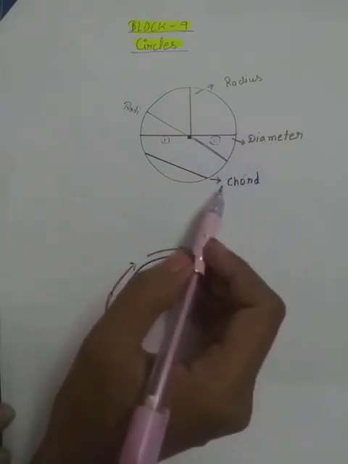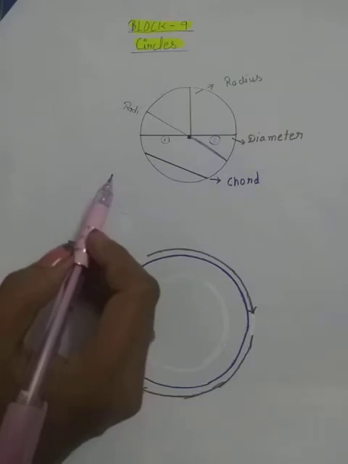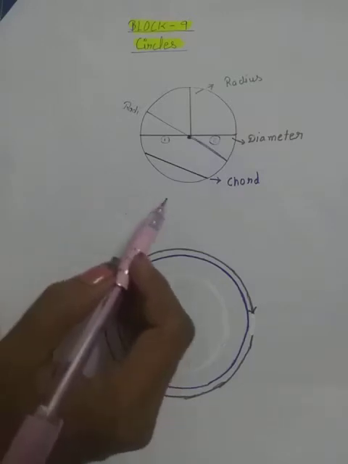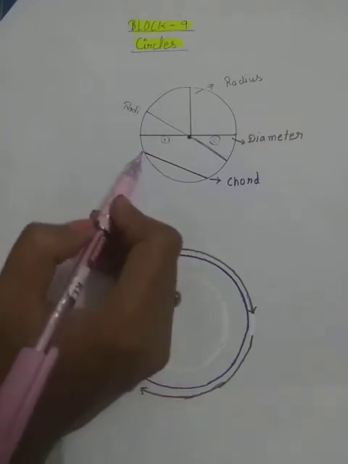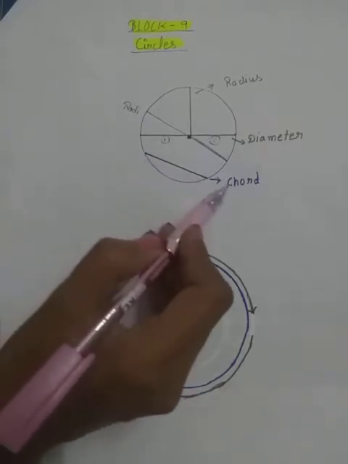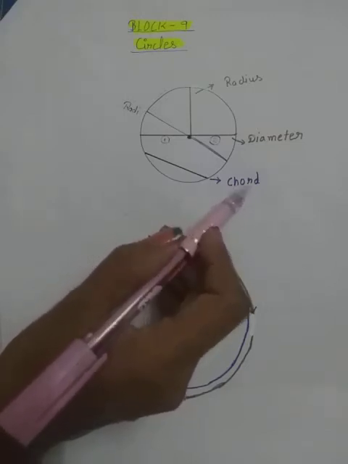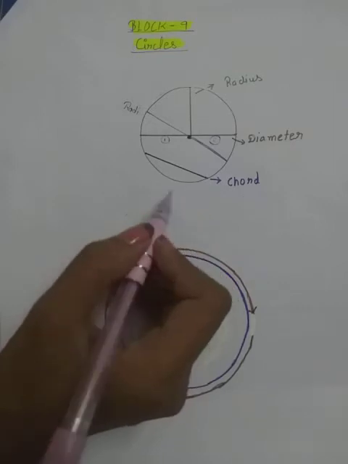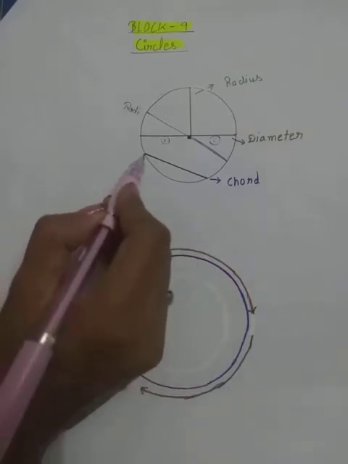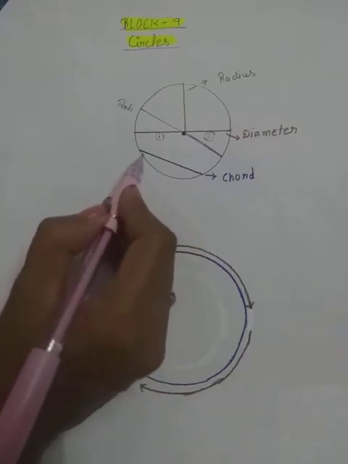Next we have the chord. A line segment joining any 2 points on the edge of the circle is called a chord. From one point to the next point on the edge of the circle.